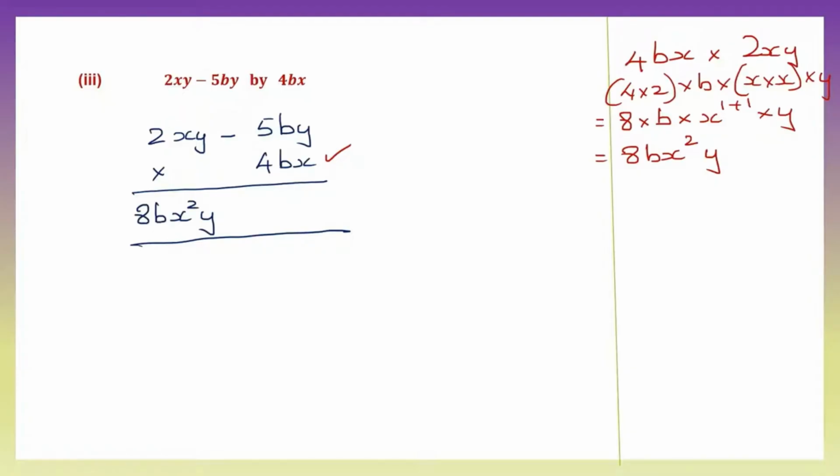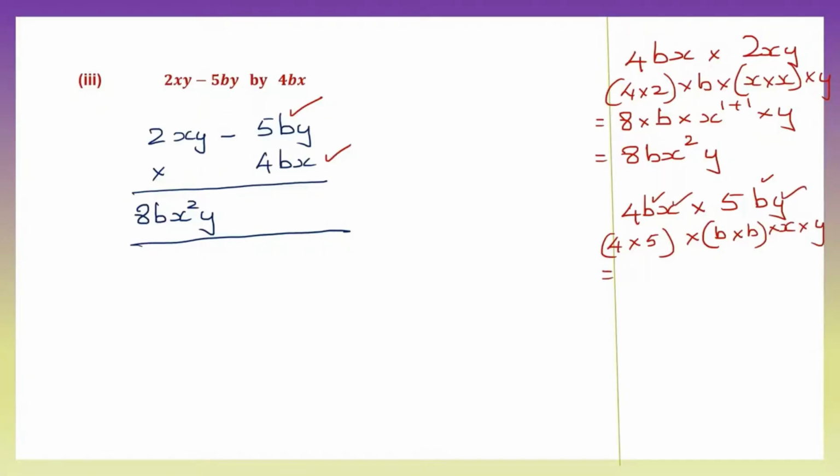Now let's do bx into 5by. So that is 4bx into 5by. Let's take only the numbers. 4 into 5 into, we'll take the b's. There's one b here and one b there. So b into b. Now there's only one x and there's only one y.